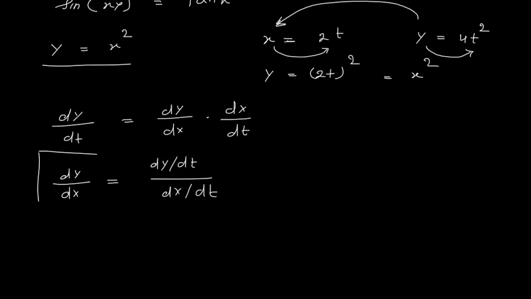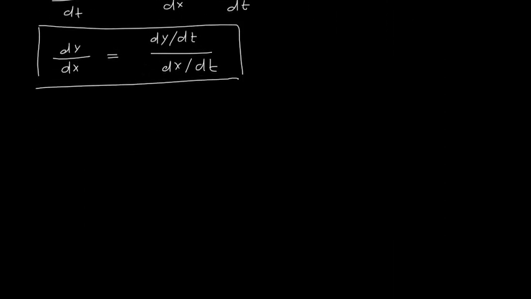So this is how we are going to solve the derivative of a function which is in parametric form. dy upon dx will be given as dy upon dt upon dx upon dt. So here I am representing x in terms of t, y in terms of t, and I am differentiating y with respect to x. So let us see our exercise 5.6.